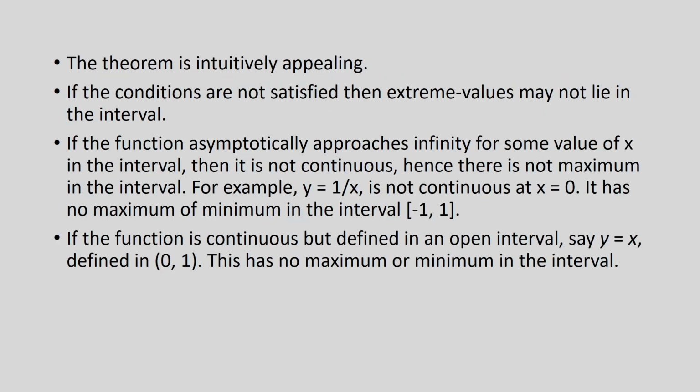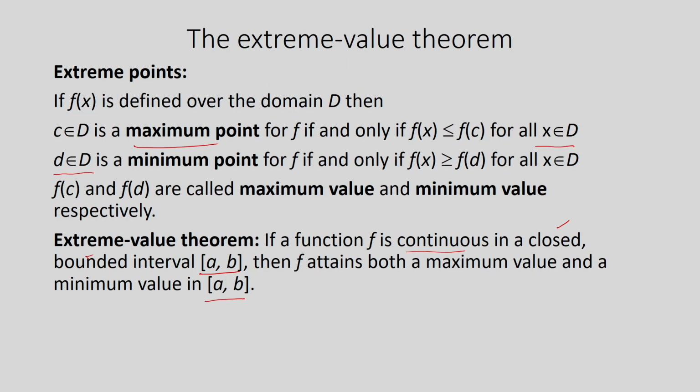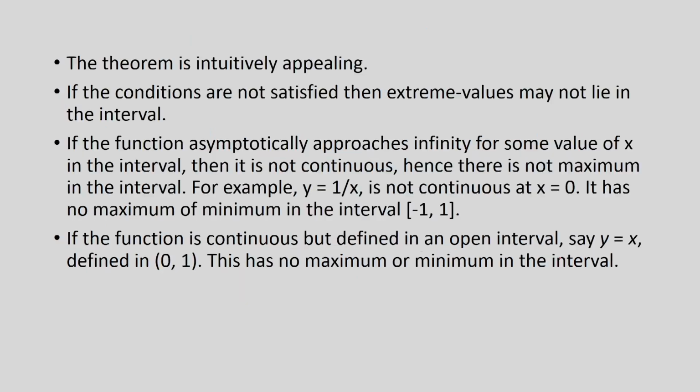So, what are the conditions? It has to be continuous, and the interval has to be closed and bounded. If the function asymptotically approaches infinity for some value of x in the interval, then it is not continuous, hence there is no maximum in the interval. For example, you take y equal to 1 divided by x, then this function is not continuous at x equal to 0.